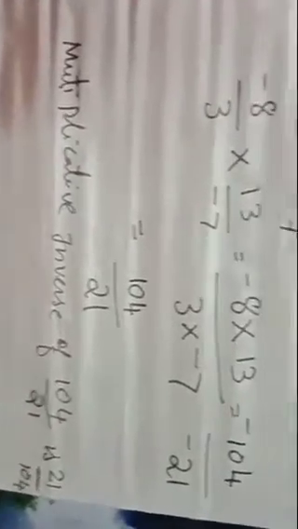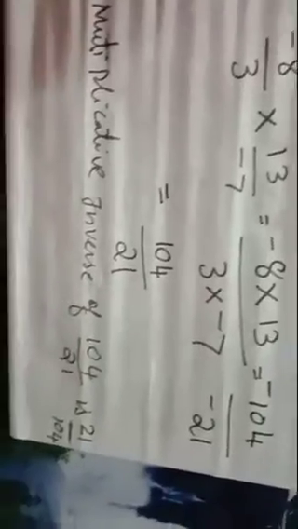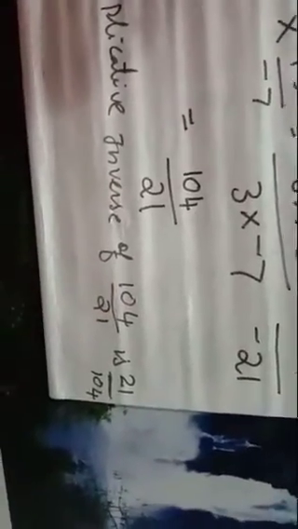Clear? Here no change in any sign. Just take the reciprocal. Reciprocal of 104 by 21 is 21 by 104.